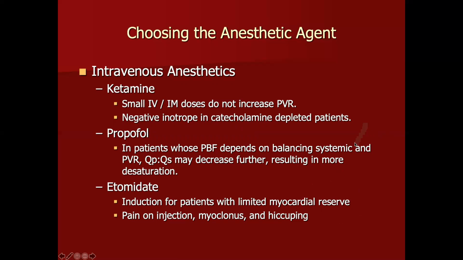Propofol may cause decrease in oxygen saturation for those patients with systemic to PA shunts, like BT shunts, as those patients are dependent on pulmonary blood flow from the systemic circulation.